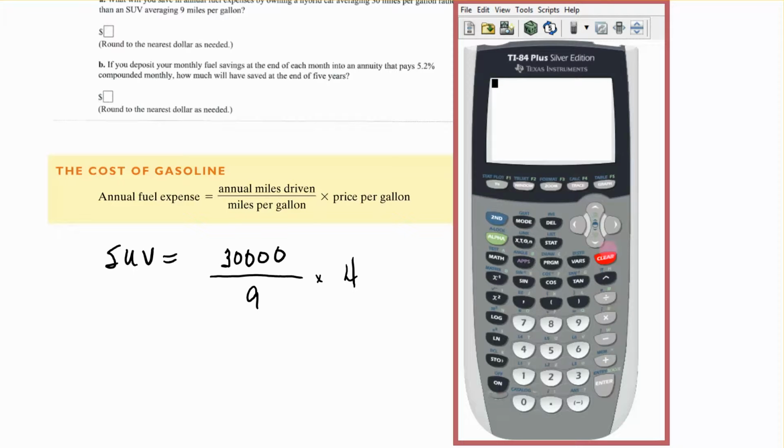Clear my calculator. It is 30,000 divided by 9 times 4. And that is your cost per year.